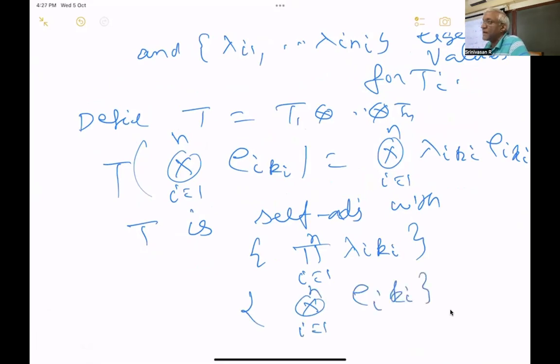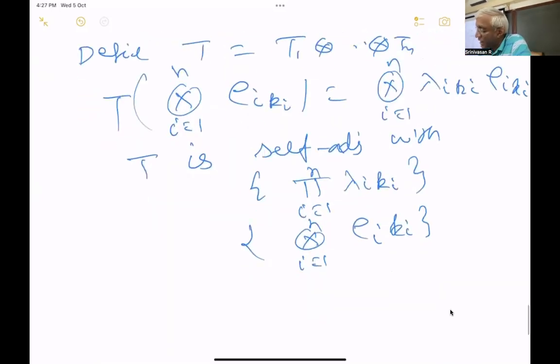This is for a particular choice of k_i. Here k_1 up to k_n you have to fix, then you get one vector in the direct product set. So these are the corresponding eigenvalues and eigenvectors.